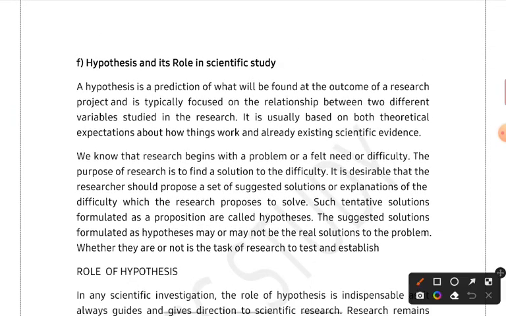Hypothesis is nothing but a prediction that a researcher tries to make to reach an outcome. For example, suppose you are going for a movie called Criminal, right?